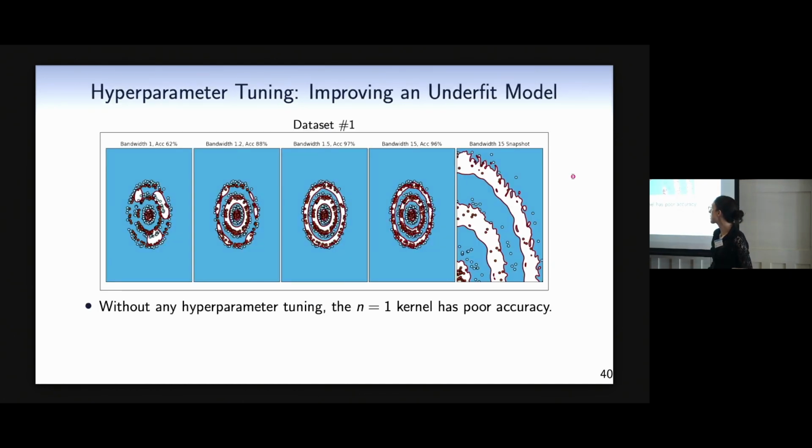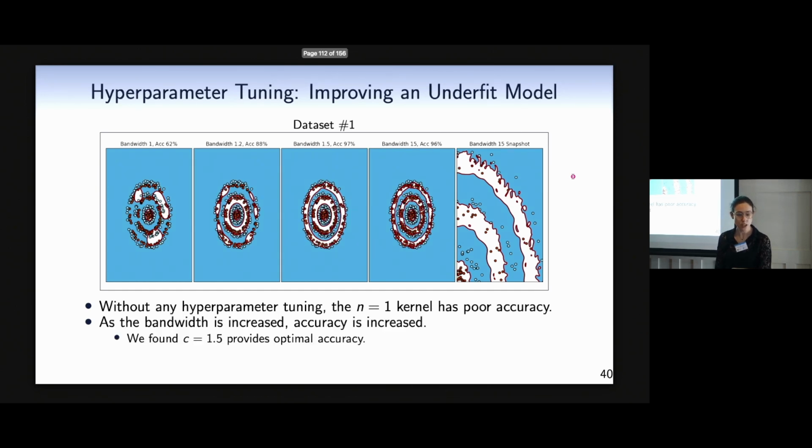So again, turning back to hyperparameter tuning, we're going to focus on the n equals 1 kernel, the one that had poor accuracy, and increase your bandwidth to focus on the low energy structure. And you can see that as you increase your bandwidth, with no bandwidth tuning, you're at 60%, and then increasing it, 80%, 90%.